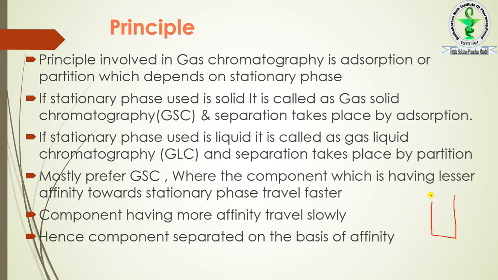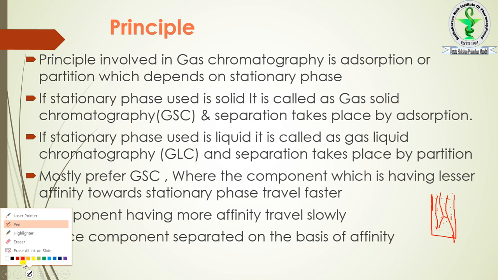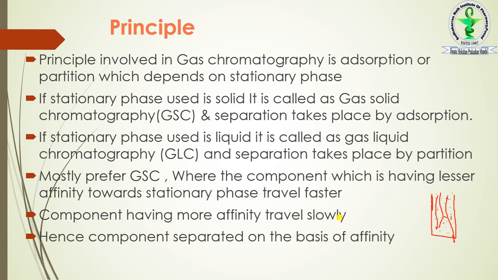Here is one column, and inside it we put the adsorbents, and through it travel whatever the analytes are. We placed the analytes so that they might travel through different paths. We created this path for the analyte, and they pass through it.